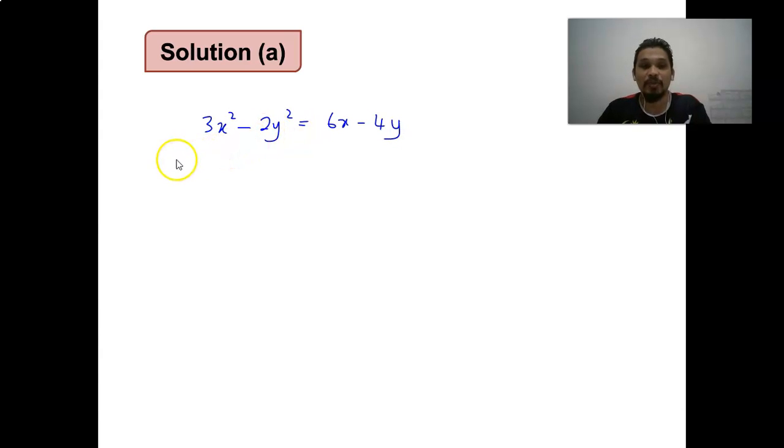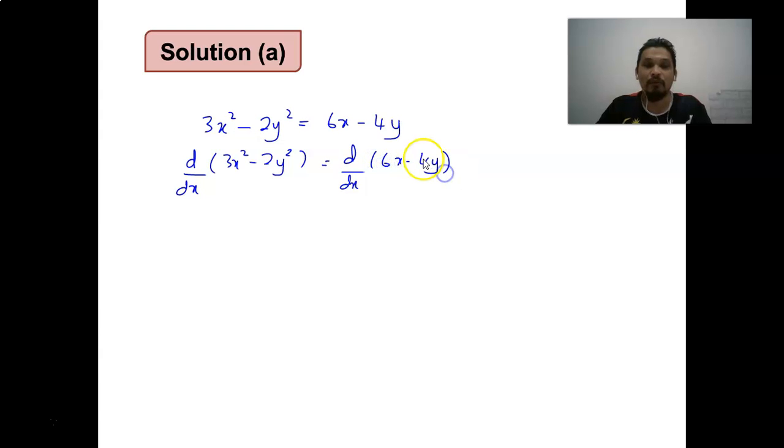Okay, so we derive left and right with respect to x, so d dx of 3x squared minus 2y squared equal to, and also differentiate with respect to x, 6x minus 4y. Okay, so we derive it one by one. Differentiate 3x squared equal to 6x minus differentiate of 2y squared equal to 2 times 2 equal to 4y.